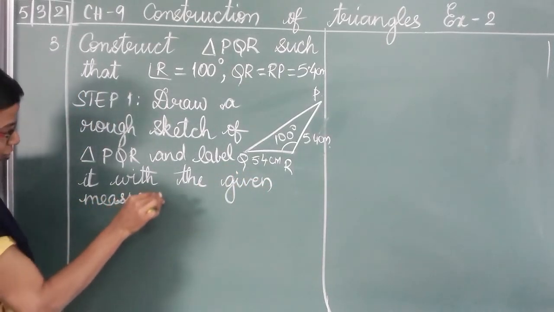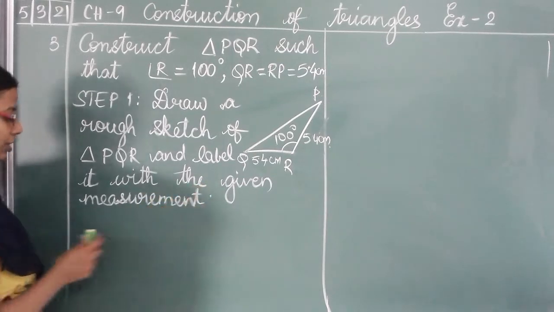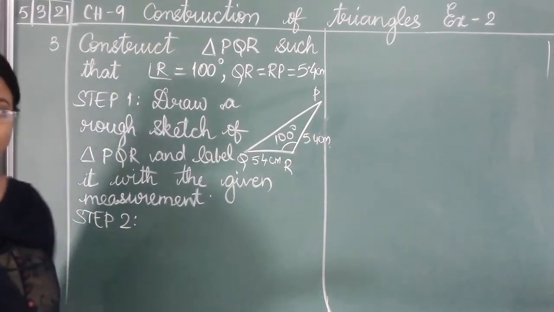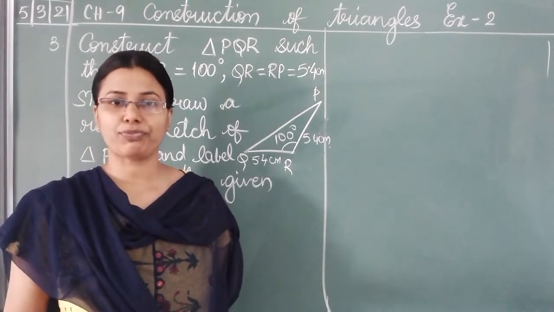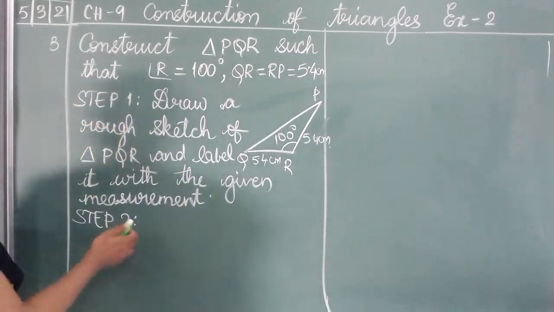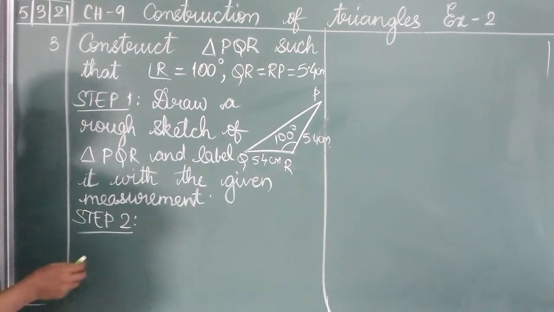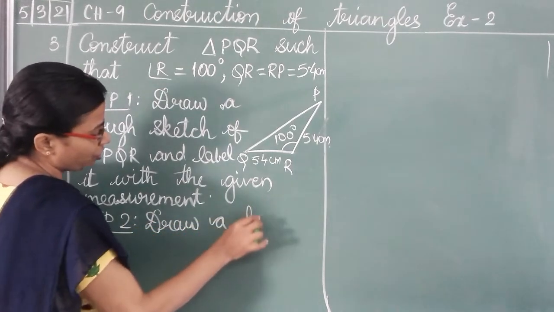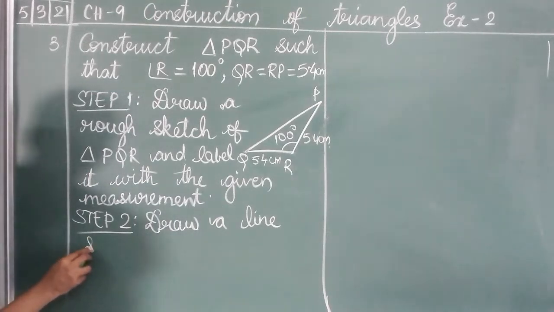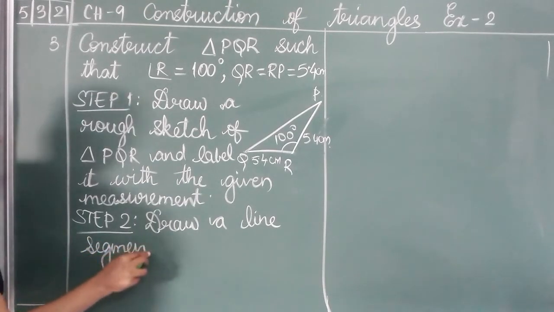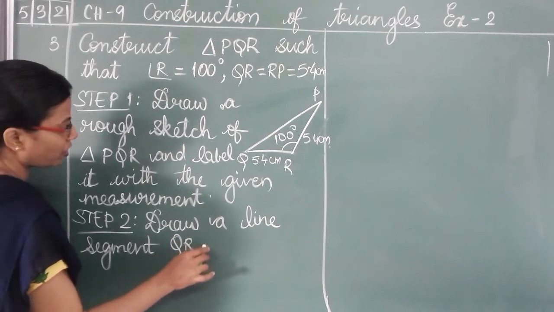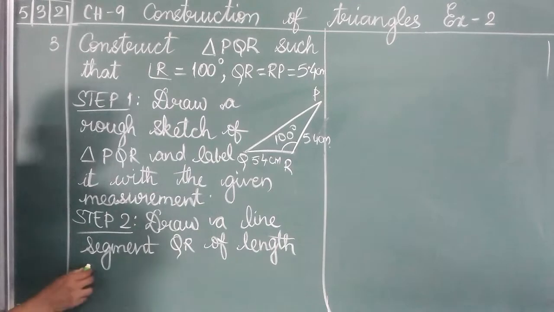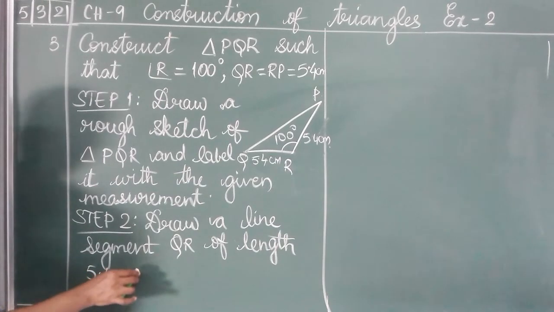Okay. Now, actual construction when you do, what are you going to do, children? We are going to draw a line segment which is of length 5.4 centimeters. So let us write the step. Draw a line segment QR of length 5.4 centimeters.